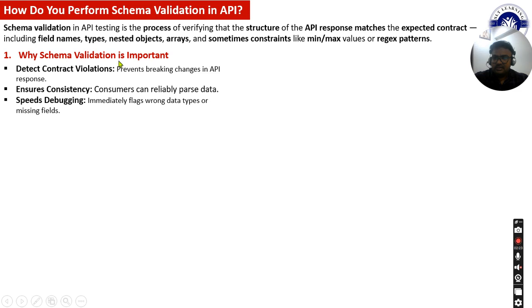Why is schema validation important? First, to detect contract violations and prevent breaking changes in the API response. That is the first reason it is required. Then, ensure consistency: the consumer can reliably parse data. The data that your consumer is getting from you should be reliably parsed, meaning whatever data they require should match their requirement from us.